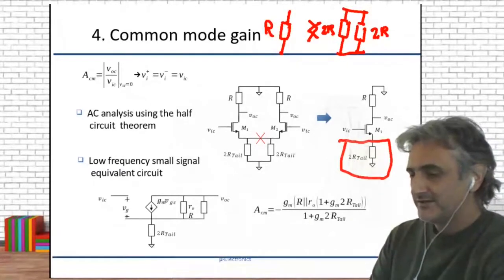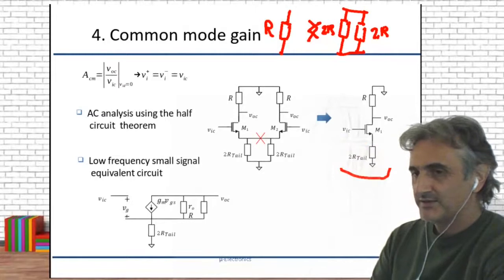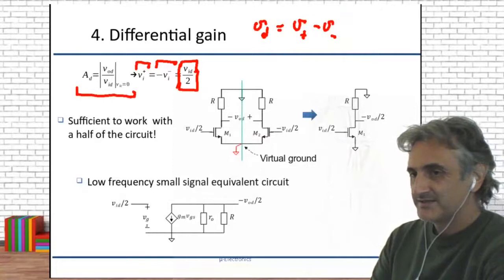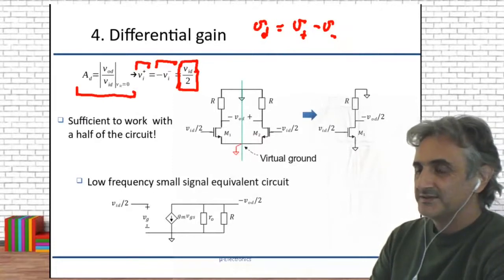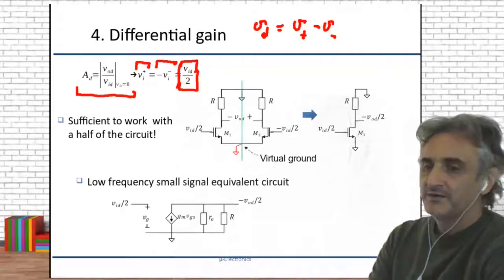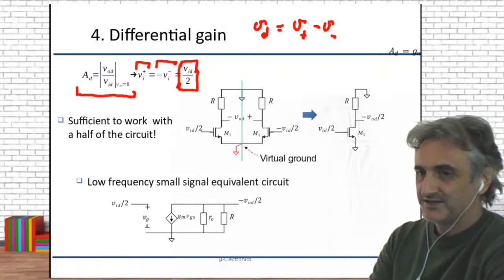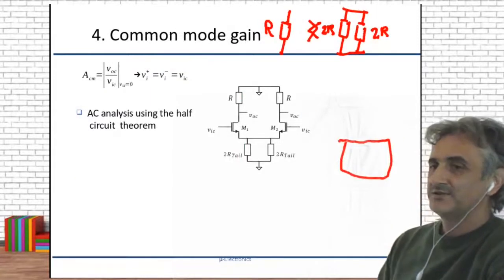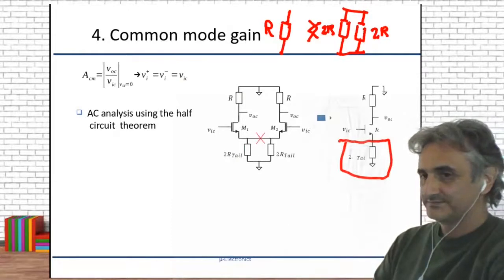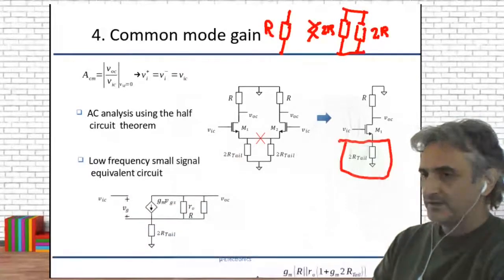But the nice thing is calculating the gain in both cases just by dividing the circuit: the differential gain when there is no resistance to ground, and the common mode gain by using this trick of dividing one resistance into two equal resistances. Which is a very nice trick. Any questions?